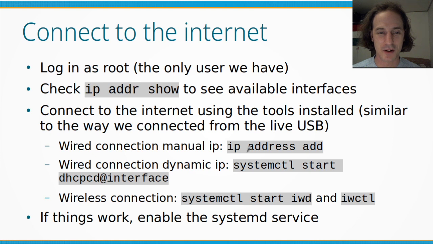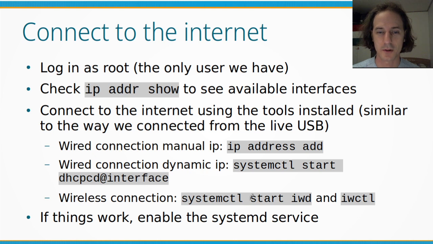Just a reminder: if you have a wired connection with a manual IP, so you don't have a router or some other DHCP server that gives you an IP address, you will have to use the ip addr add command. If you have a wired connection with a dynamic IP, then you will have to run the dhcpcd client, the daemon that always checks and communicates with the DHCP server, and will get you an IP address.